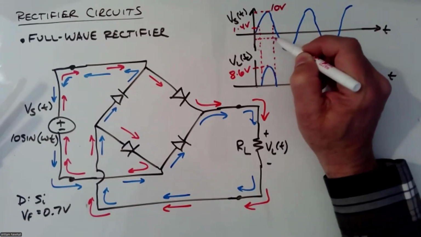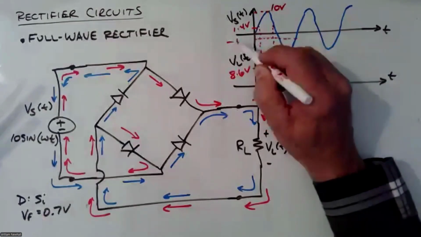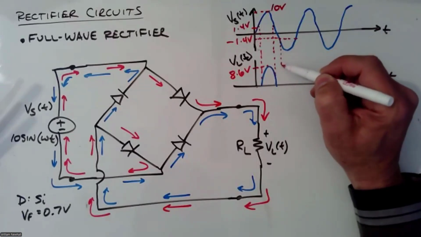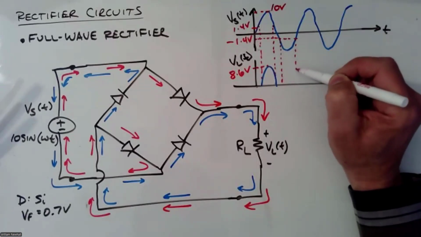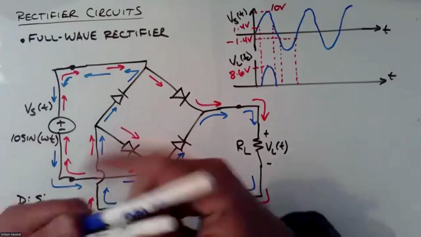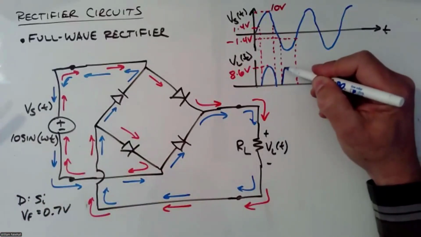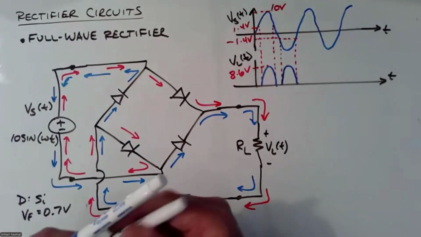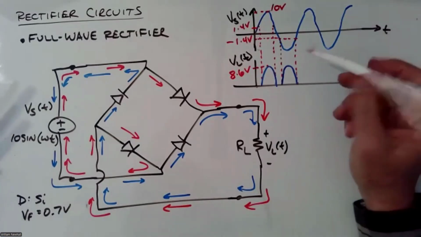Now the same thing's going to happen here, where this is minus 1.4 volts. You get that horrible sine wave drawing, but that's what you get.